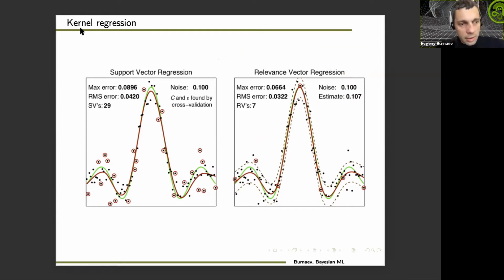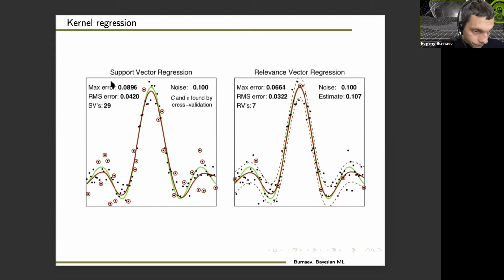And so let us compare two approaches. As you may remember from the course on machine learning, support vector regression is a special algorithm to construct the regression, which guarantees sparsity by its construction.